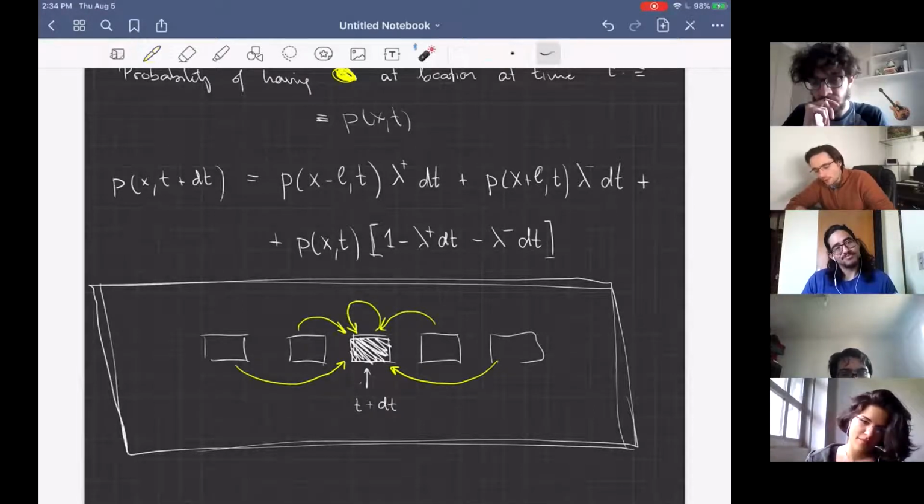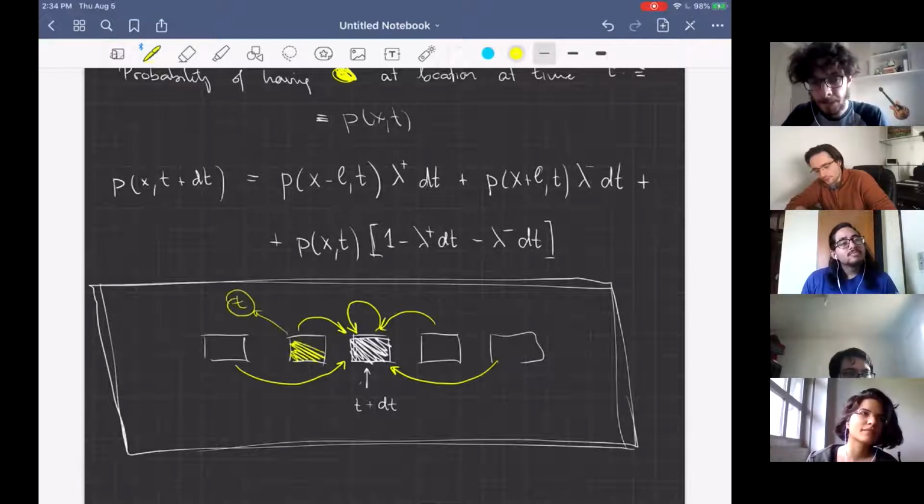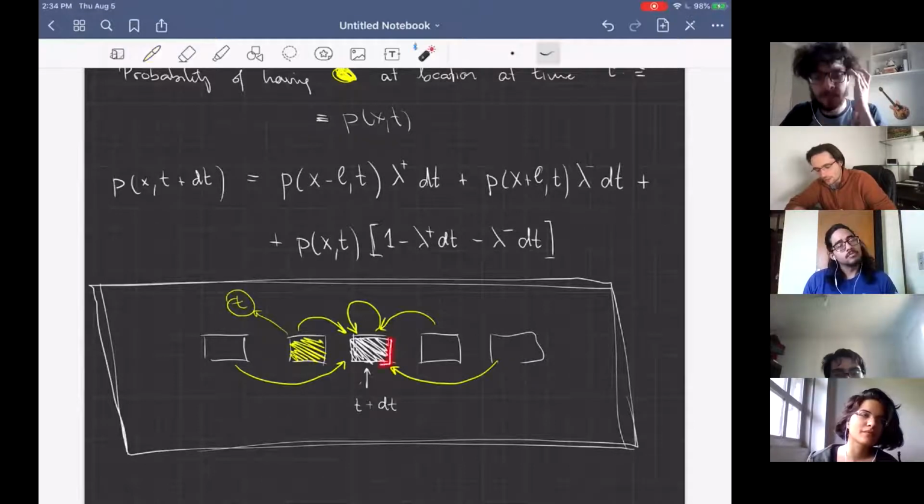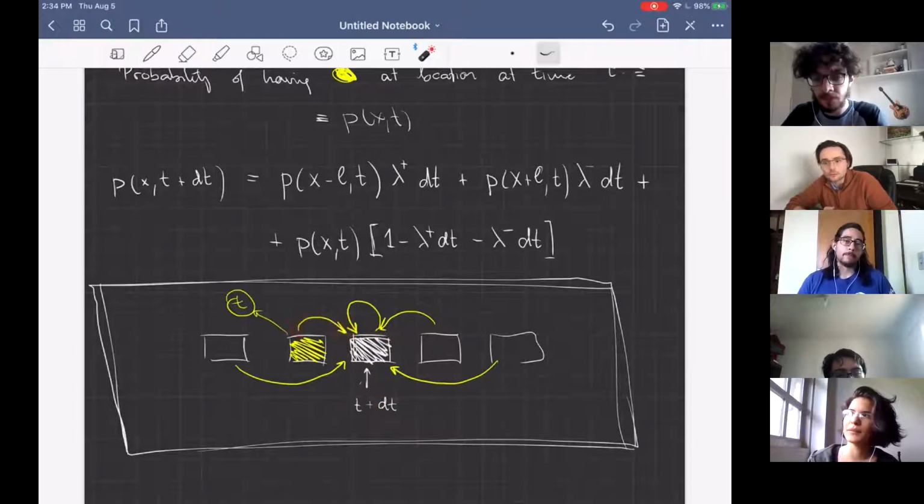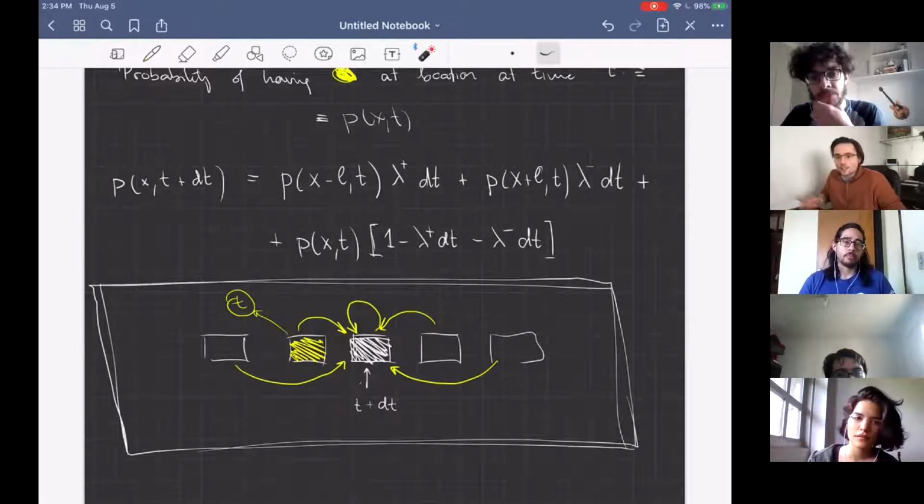If you know that you are already here at time t, then the probability that you will be here at time t plus dt is just the probability that I jump, because I know where I am at time t. So I have two options. Imagine that you flip a coin. If you get heads, you jump. If you get tails, you don't jump. So the probability of being here at time t plus dt is 1/2. With 1/2 I jump, and with 1/2 I stay.